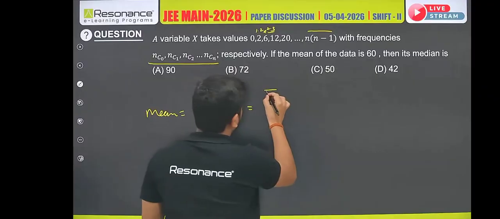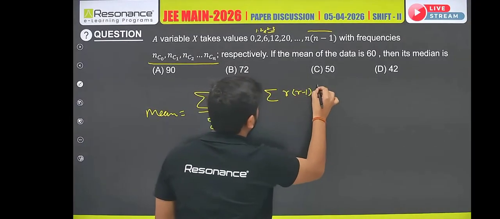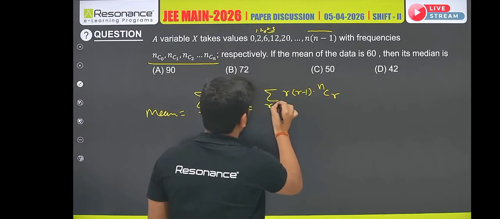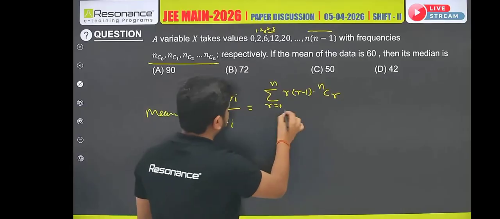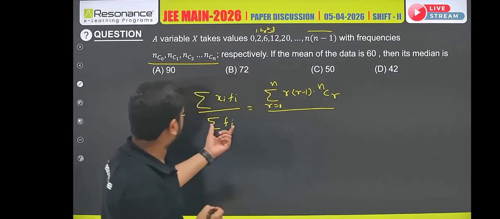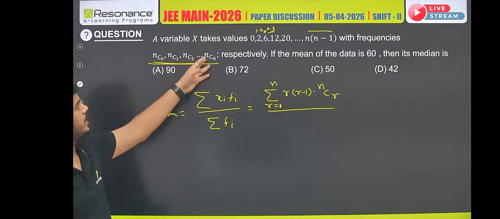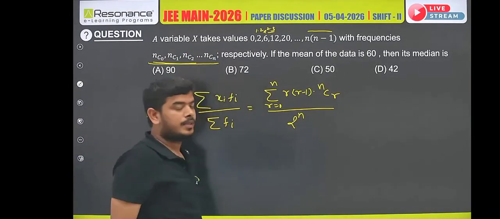So you will get the summation of r(r−1) times nCr, r equal to 0 to n, whole divided by Σfᵢ, the sum of all nC0, nC1, nC2 up to nCn. You will get 2 to the power n.